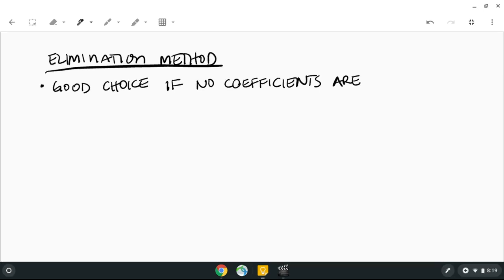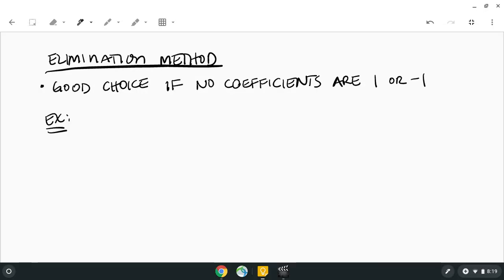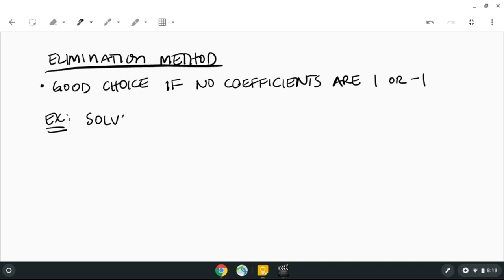Okay, so let me give you an example. We already know about substitution methods. So if you take a look at this one, solve by elimination.